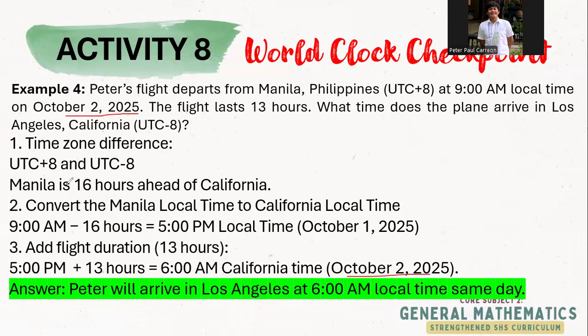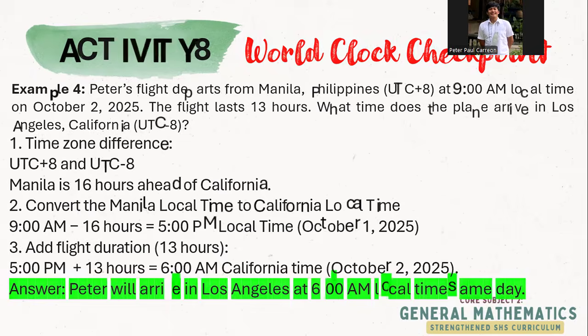It seems like you time travel, right? It seems like it resets. So travelers must understand time zones to avoid missing flights or appointments abroad. That's very important. I hope you understand our given examples.